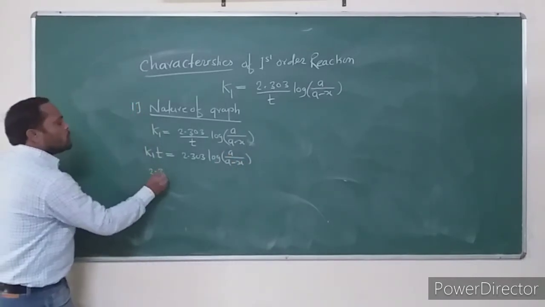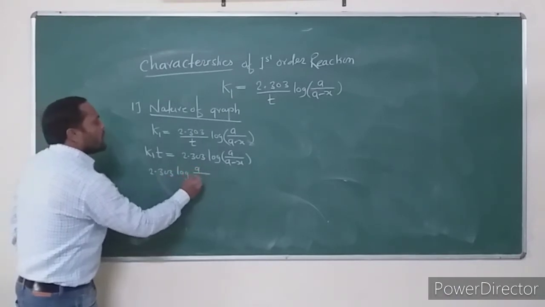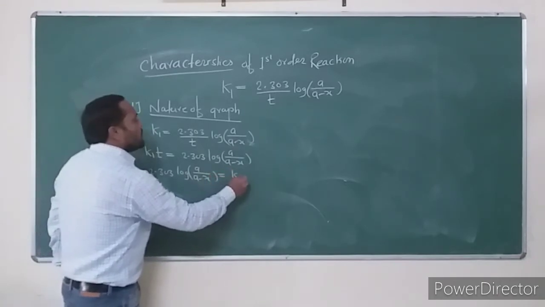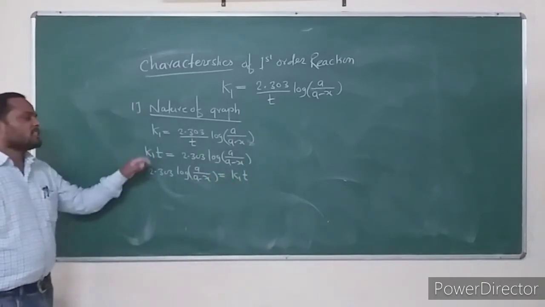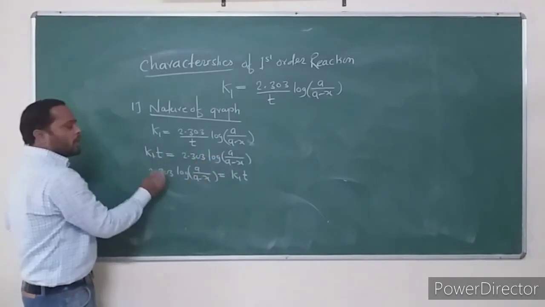So 2.303 log a upon a minus x is equal to k1t.